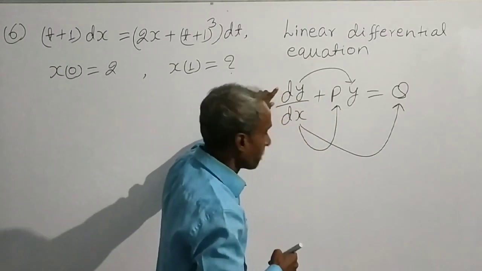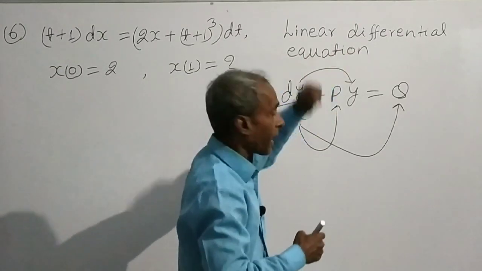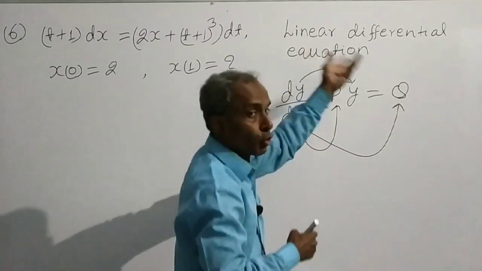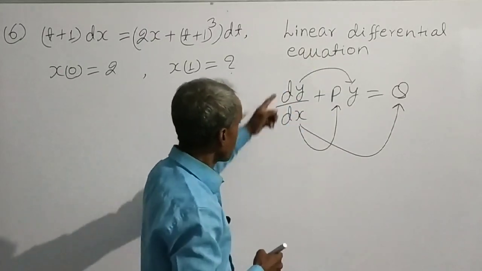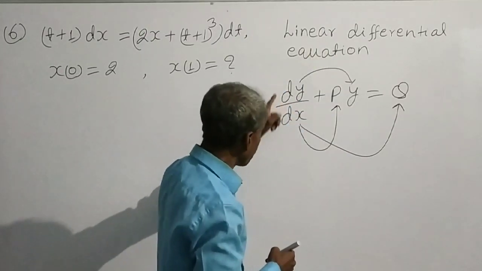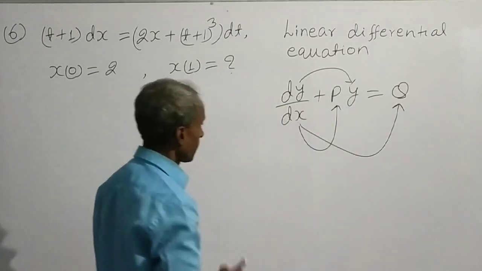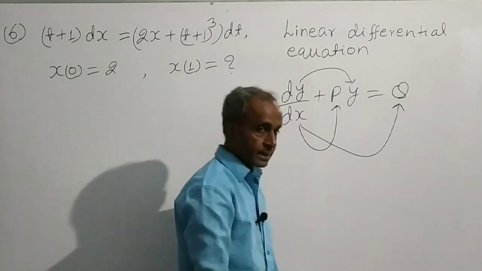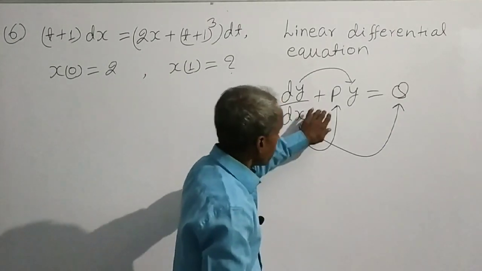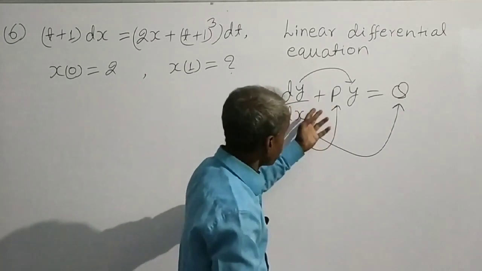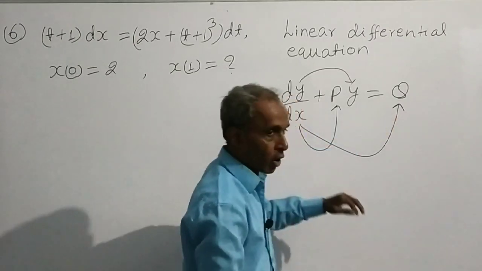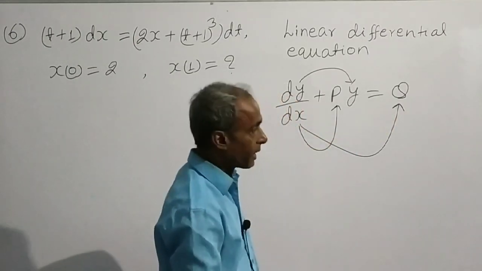Here should not be dy by dx square or dy by dx cube. Here should be a first order derivative with power 1. Then we say that any differential equation that is in this form is a linear differential equation.